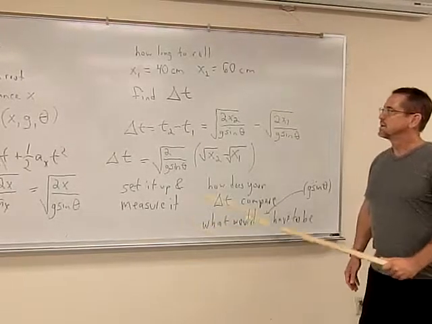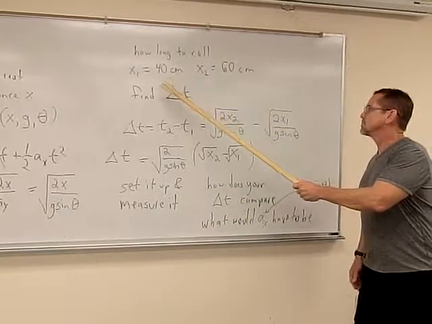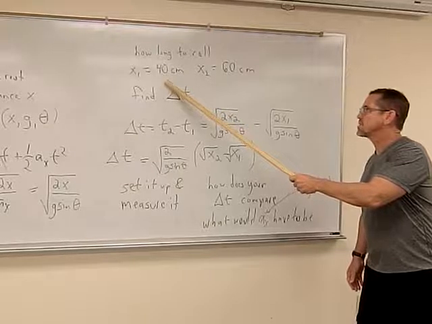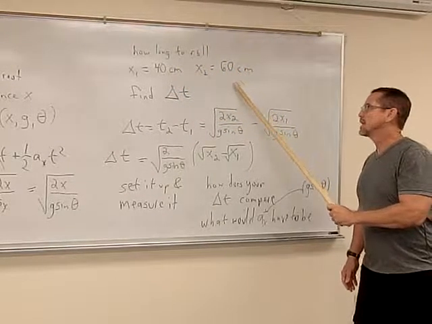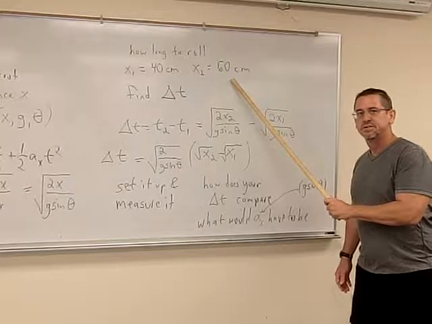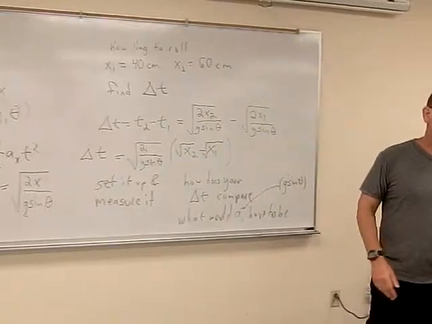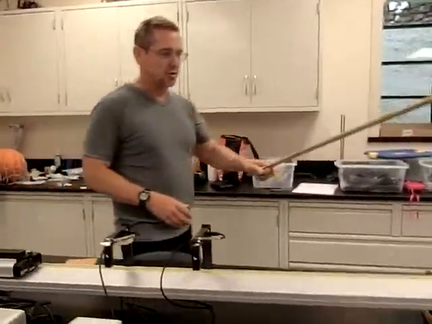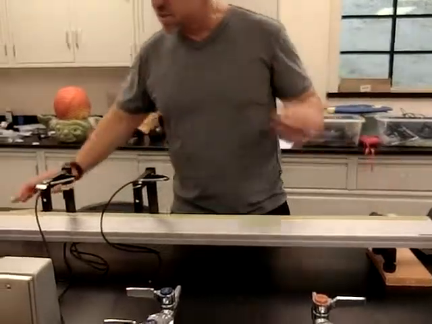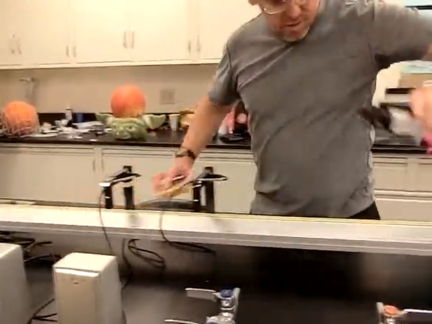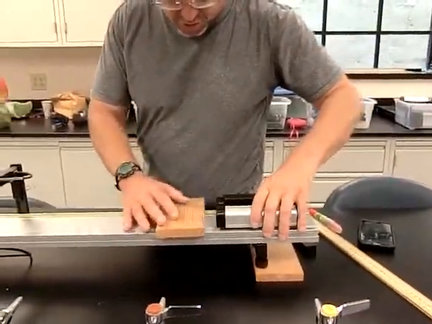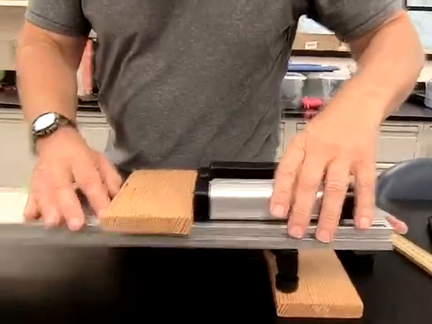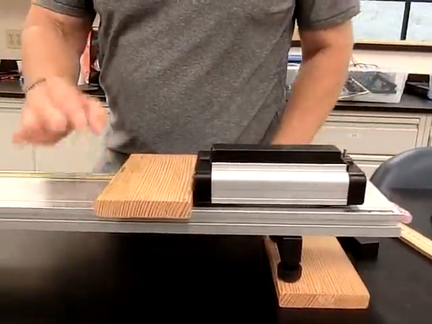We're going to set the first photo gate at 40 centimeters, the second photo gate at 60 centimeters, and we're going to measure the delta t. We come over here and actually do it. If you notice, I always start the cart at the 20 centimeter mark, and you guys will do that too.